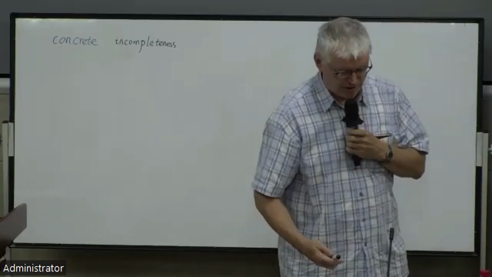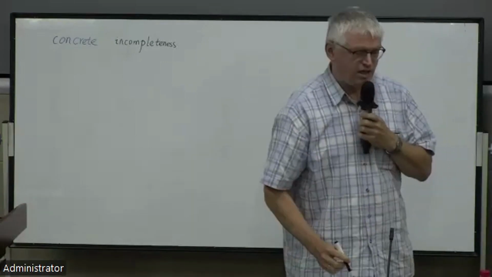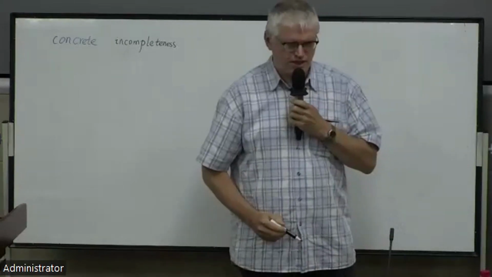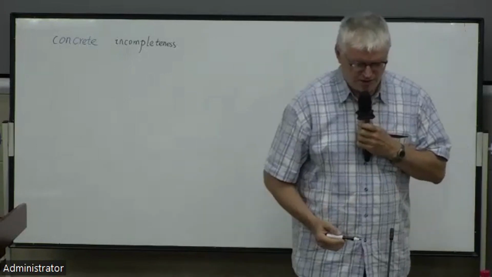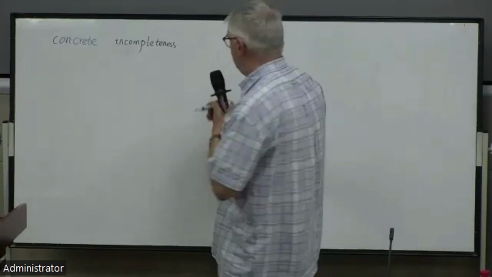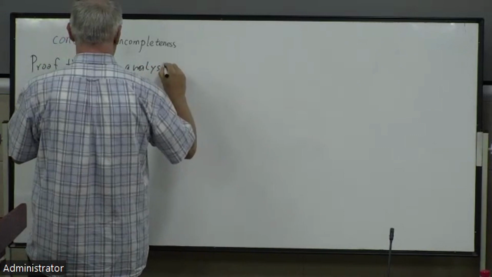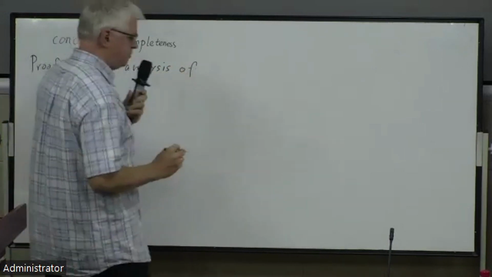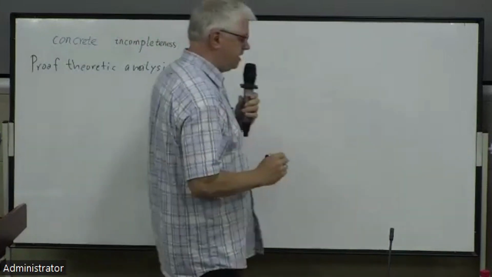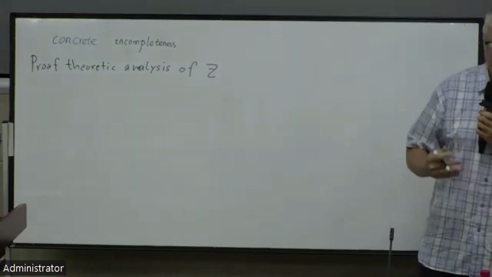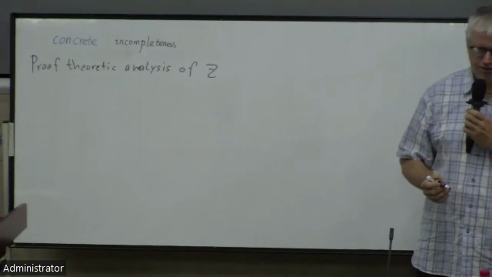Very nice introduction. And today I will cover the proof theoretic analysis of a system which is a slight extension of Peano Arithmetic, namely I add function symbols for all primitive recursive functions.